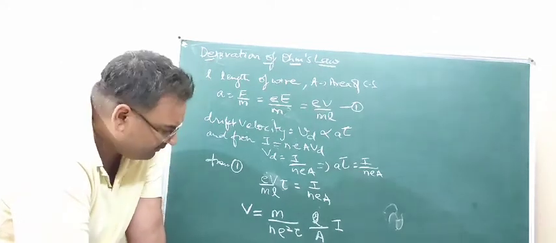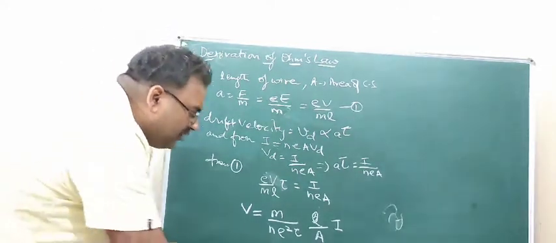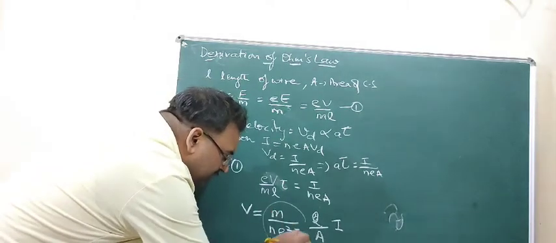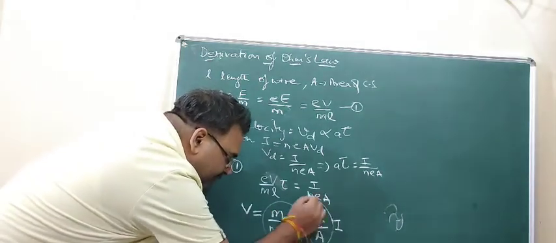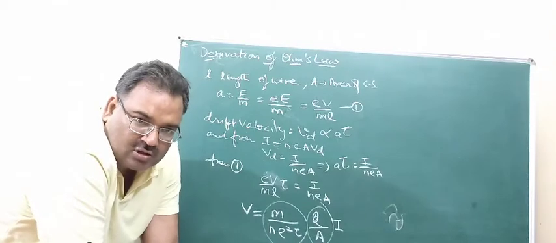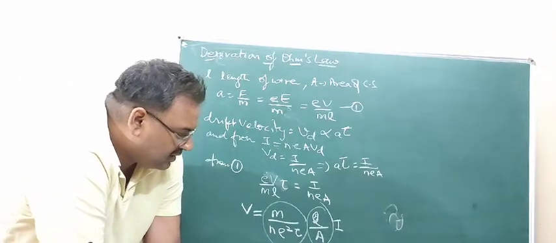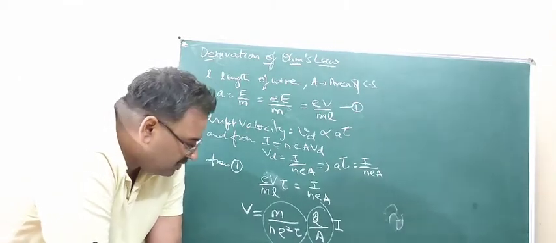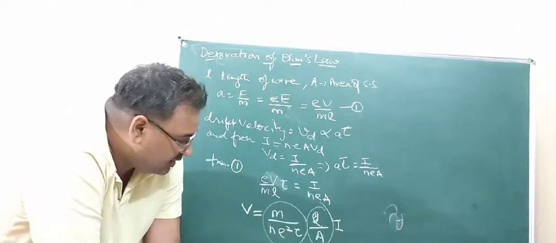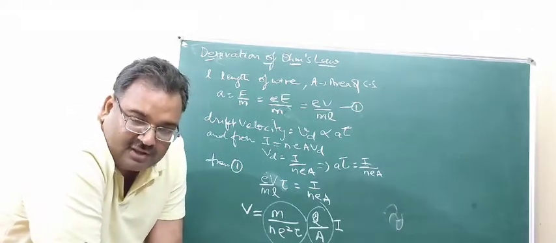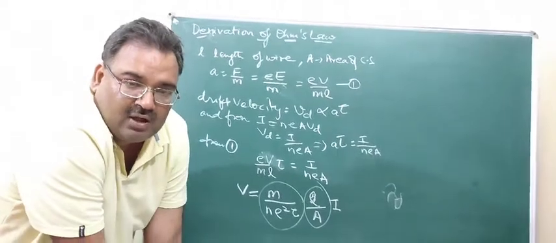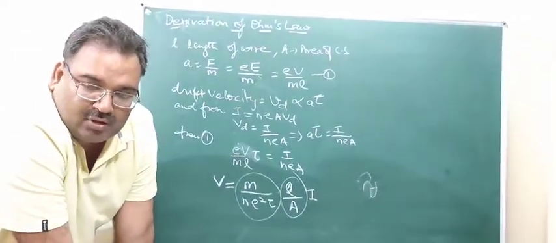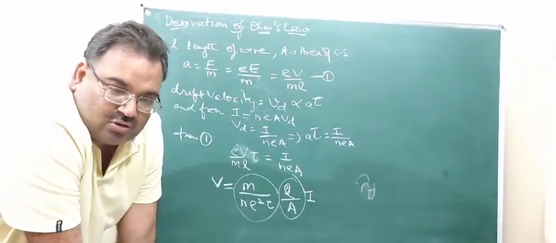So what are we getting? We are getting all these values to be constant. Mass is constant, charge is constant, and number of free electrons is constant. Tau, the relaxation time, which is dependent upon the temperature, is also constant.